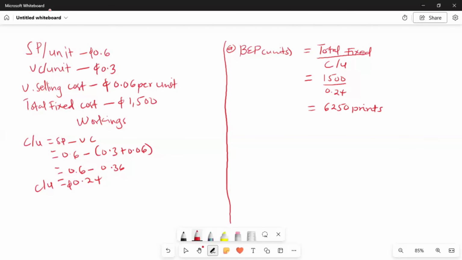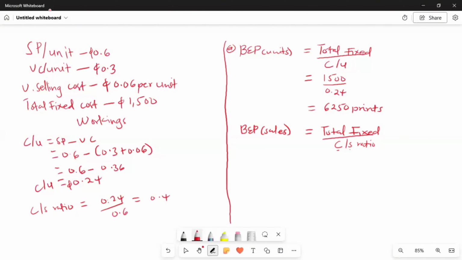So now let's find the break-even in sales. We put the contribution sales ratio. The contribution sales ratio is the contribution divided by our selling price per unit, which is 0.6, which will give us a ratio of 0.4.